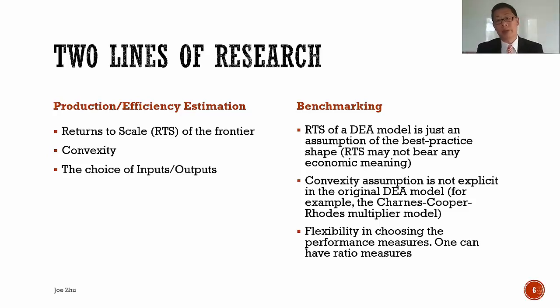You have to use a different set of DEA models for that. But for general benchmarking purposes, you definitely can use ratio measures. There are debates or disagreement among scholars about how you can use ratio measures as an input and output in DEA. My answer is, it depends on what you want to do.